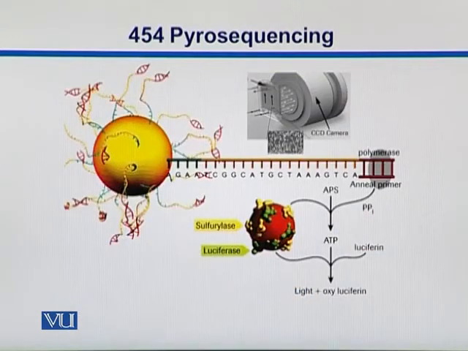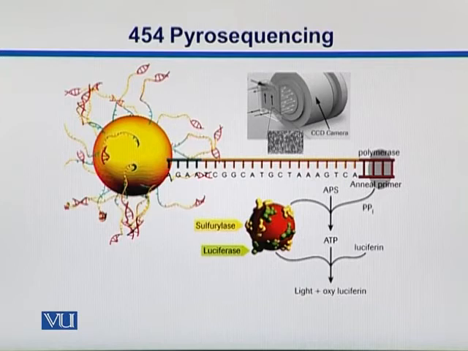Here we look into it in detail. We see a bead with amplified copies of the same fragment, and we focus on one of them. There is a DNA polymerase enzyme attached to its terminal, and a primer to start the amplification as well as sequencing.